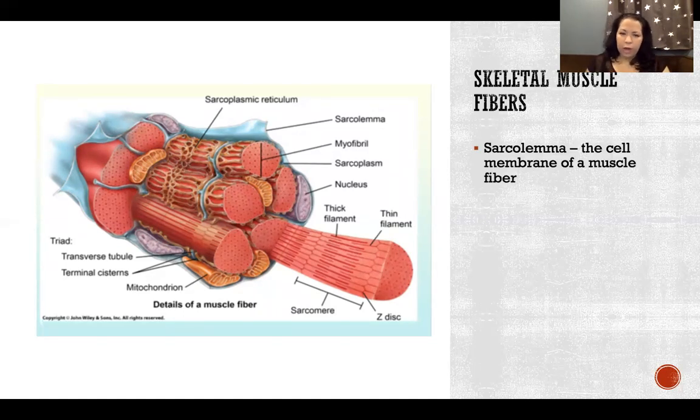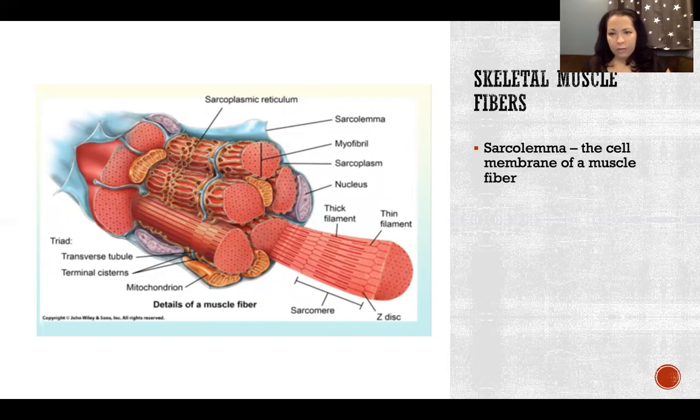So I just want to go over a couple terms here, a couple of structures within the muscle fiber. The sarcolemma is the fancy name for the cell membrane of a muscle fiber. So a muscle fiber is a cell, has all the same usual organelles and structures as other types of cells, like that you might have learned about in biology class, or maybe you covered in A&P.